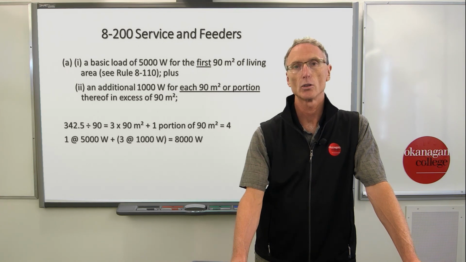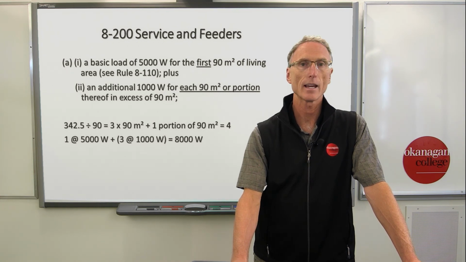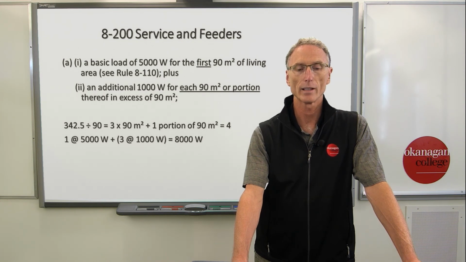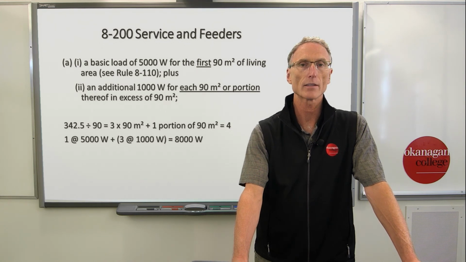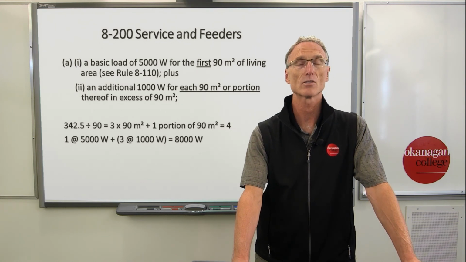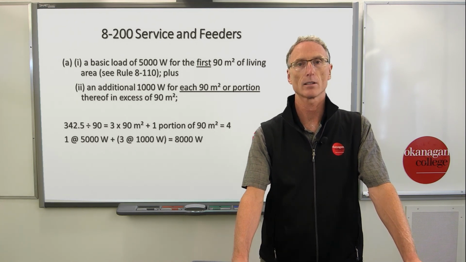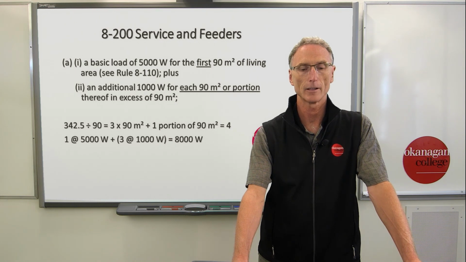It includes plugs, lights, and the small appliances that are 1,500 watts or less. It's called the basic area. You don't want to forget that because that can be a little bit confusing if you're asked for the basic load. Remember, it's not the total load on the house. It's just the basics. It's your lights, plugs, etc.